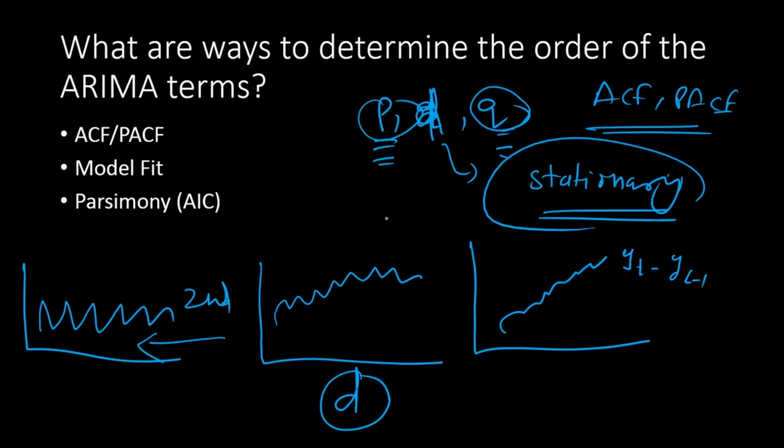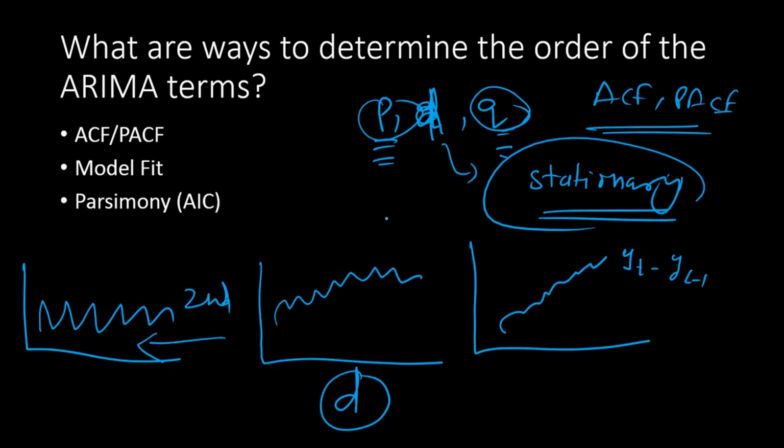However, these steps will not ensure that you have found the correct order of ARIMA. Why so? Because you are taking a decision on the values of P, Q and D on a standalone basis.